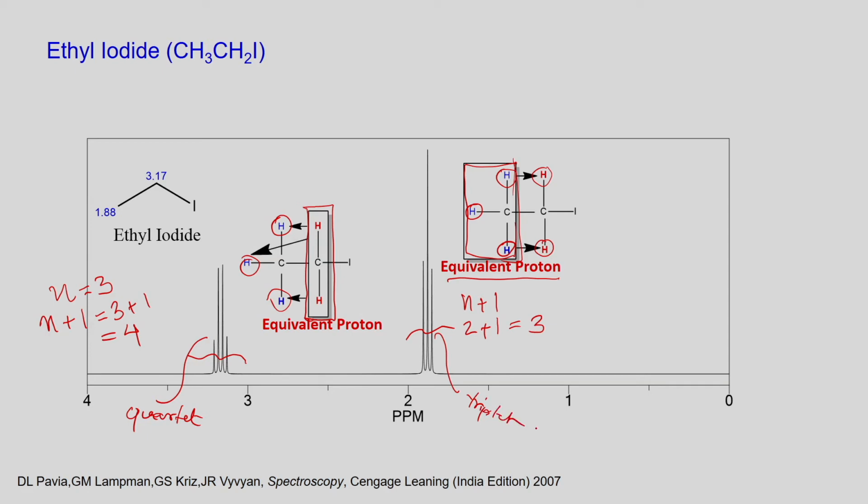Now while we do this, there is an important aspect. Although this is not shown here, if you pay careful attention, multiplet skewing is a term which you should understand. If you notice the particular peaks here and here, these are of different heights.